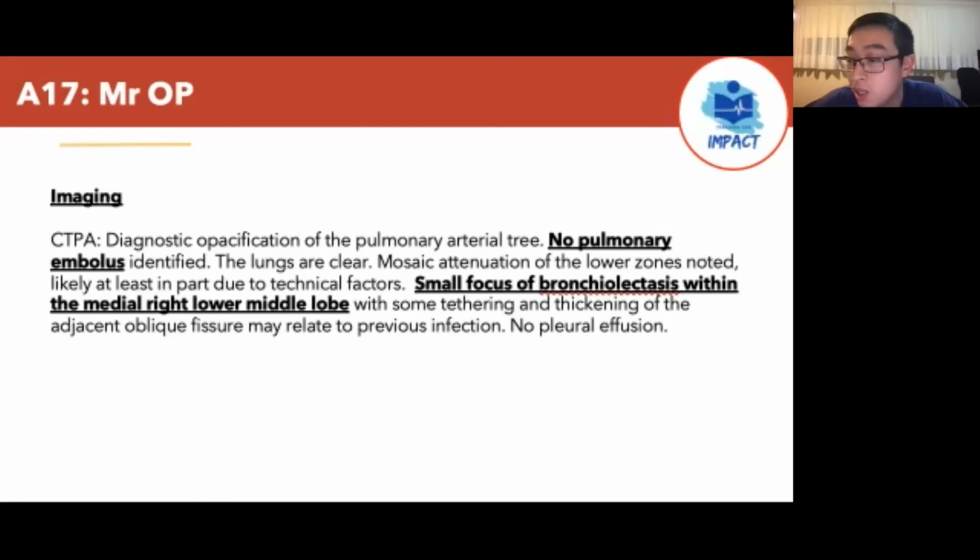All right, what do we think? Do we need to admit this patient? If so, under what unit will we admit this patient, or are we happy to send this patient home? HRCT. Yeah, absolutely.